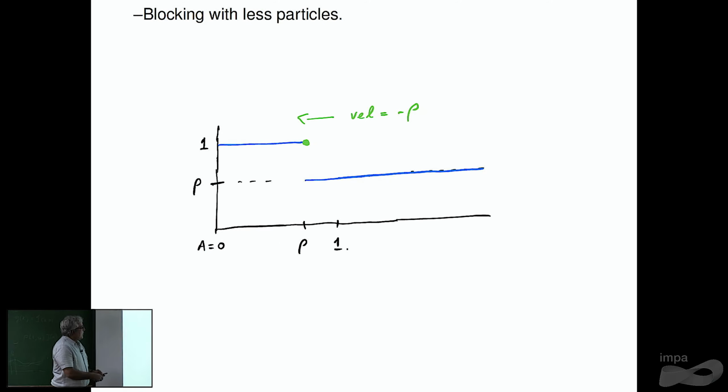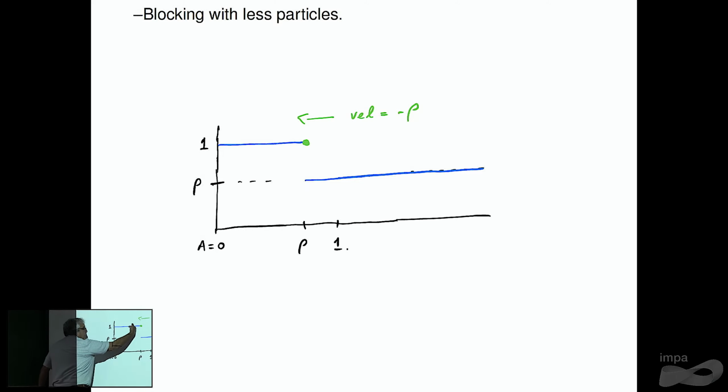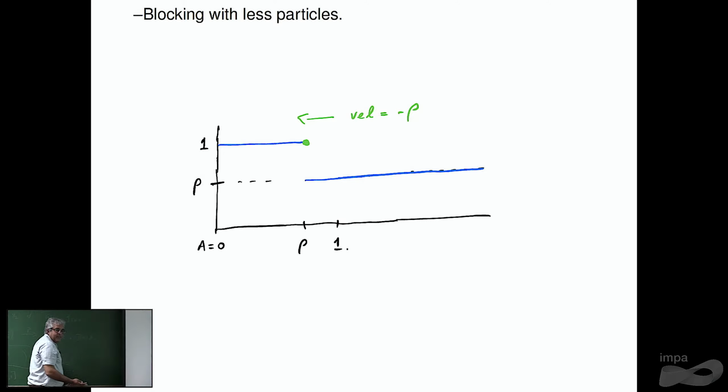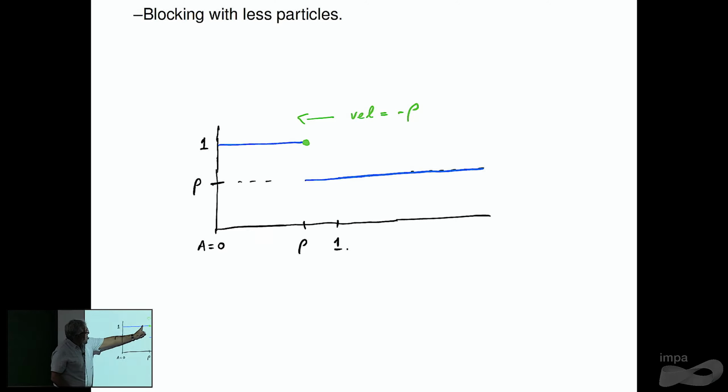So that means that this thing is moving with velocity minus rho this way, just like this. And that actually is a weak solution of the hydrodynamic equation. So that's a non-entropic evolution. Typically what should happen is a rarefaction.